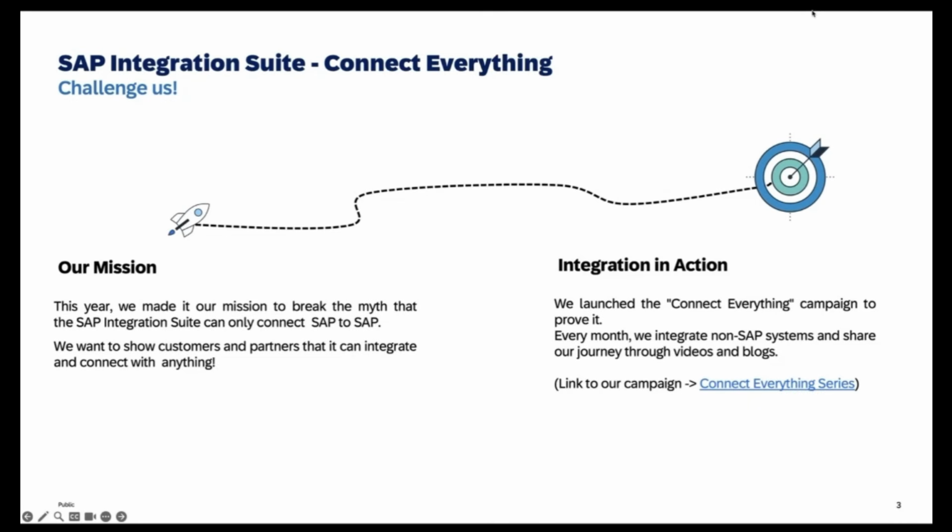So whether you have a third-party system connecting to an SAP system, the other way around, or even third-party to third-party, the Integration Suite is really targeted to support any kind of combination of systems, applications and data sources that you might have within your particular environment.